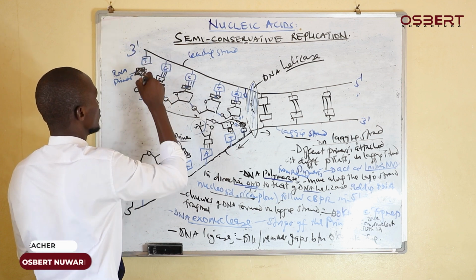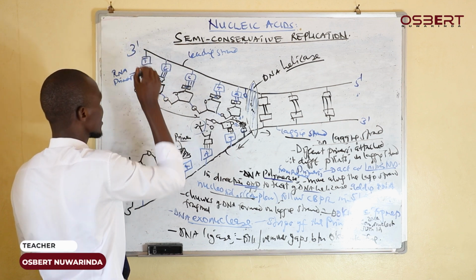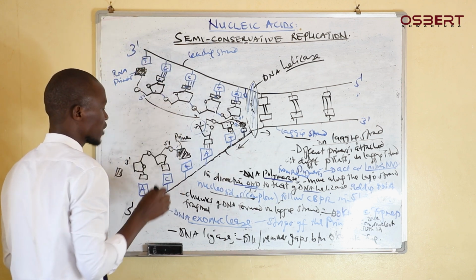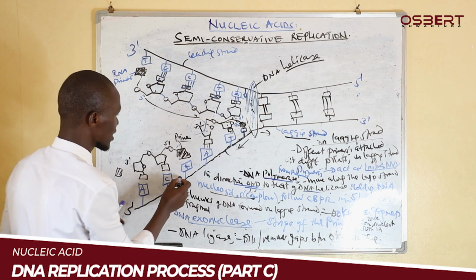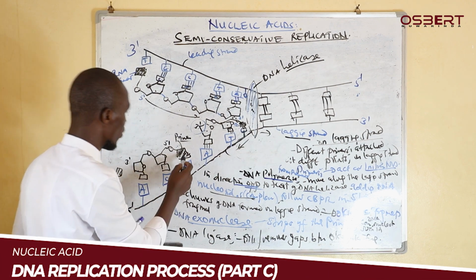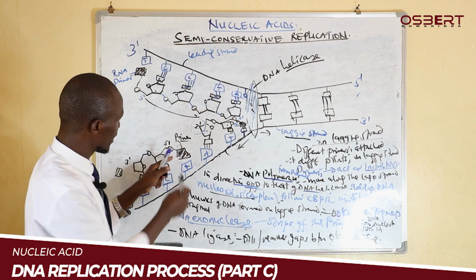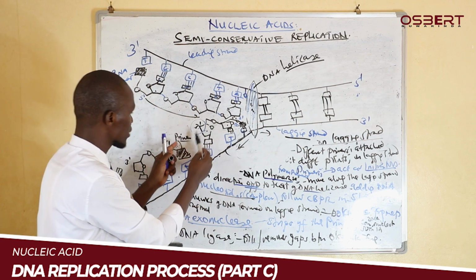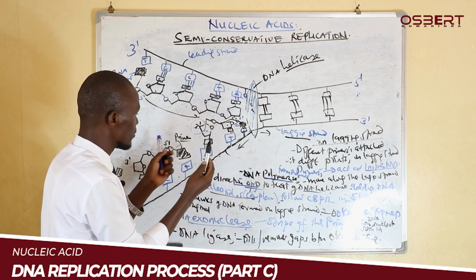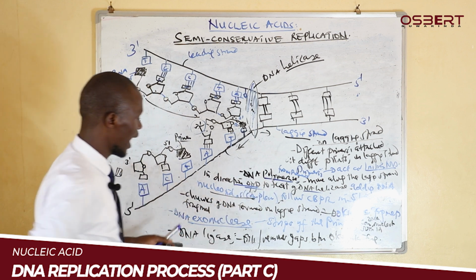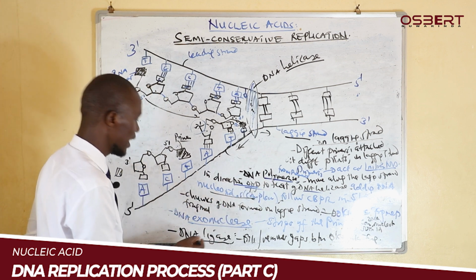The primer will be removed, and the DNA nucleotide will come and join up with the rest. But after that, for the leading strand, the gaps that could not easily be joined up by the DNA polymerase are later joined up by DNA ligase.